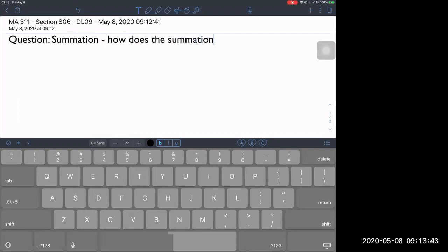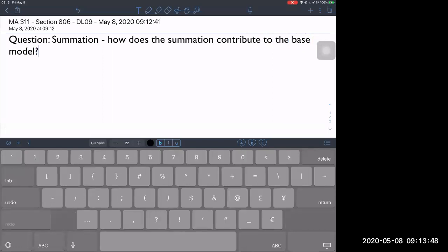How does the summation contribute to the base model? That's if I'm understanding the question correctly.